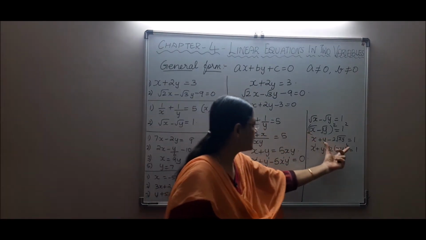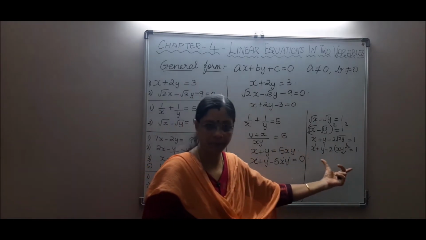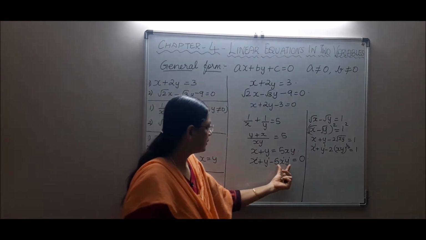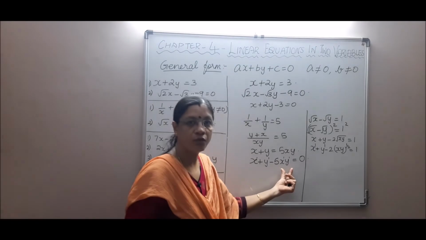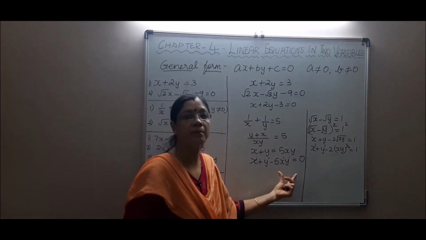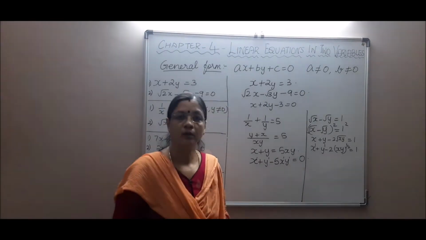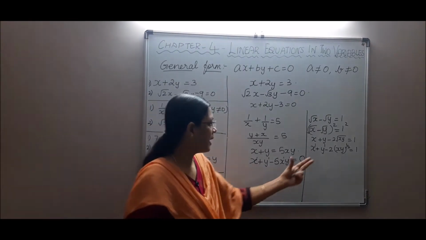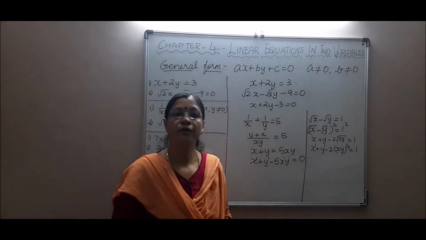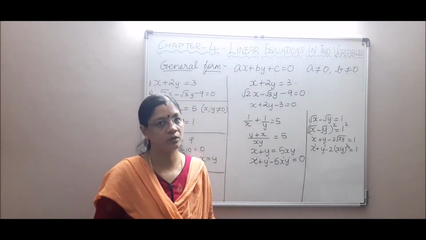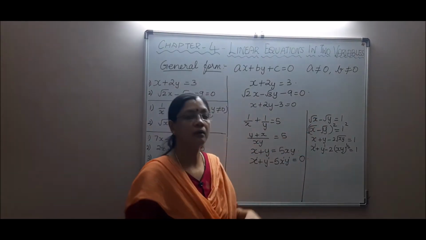But in these two examples, this equation has a maximum power, the degree of this equation is 2, so this is not a linear equation. And here the power is a fraction or a rational number, so that is also not a linear equation.